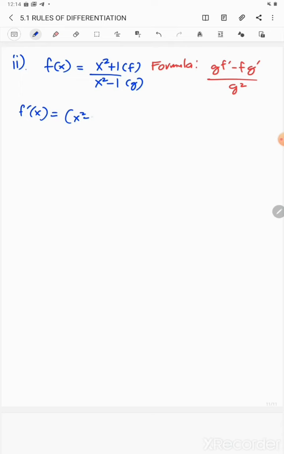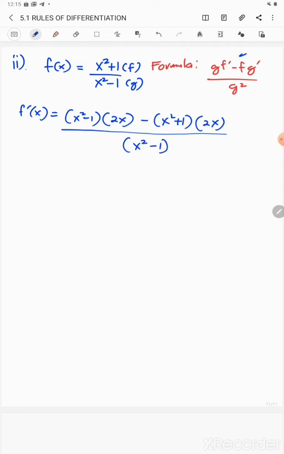Copy all the terms for g, x power of 2 minus 1, and then differentiate f, we get 2x, minus, copy f, x square plus 1, and then differentiate g, x power of 2, we get 2x minus 0. No need to write 0, divided by g square, x square minus 1 square. So this is the solution.